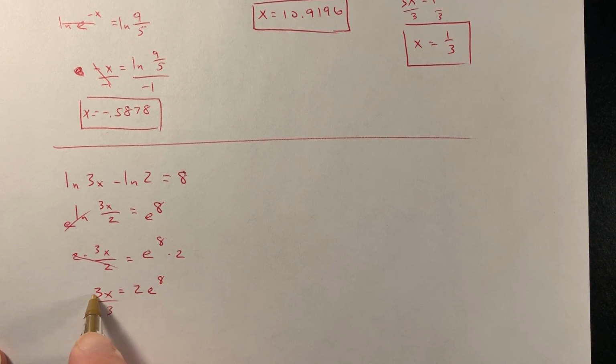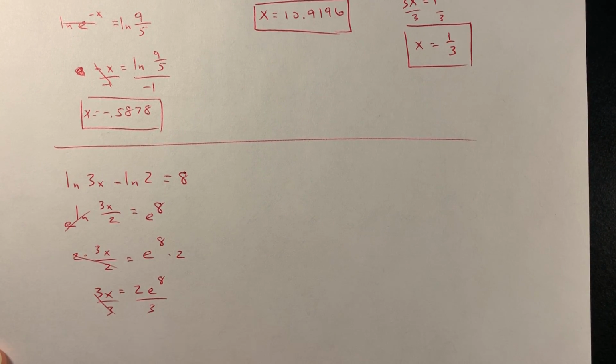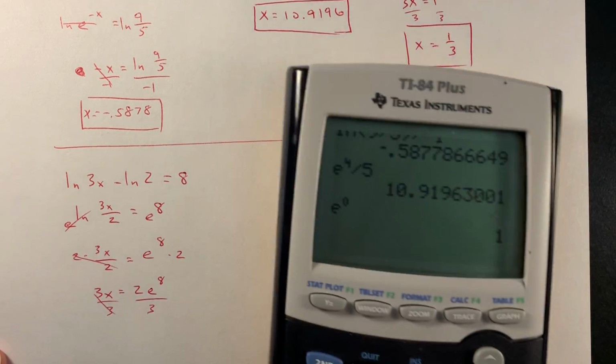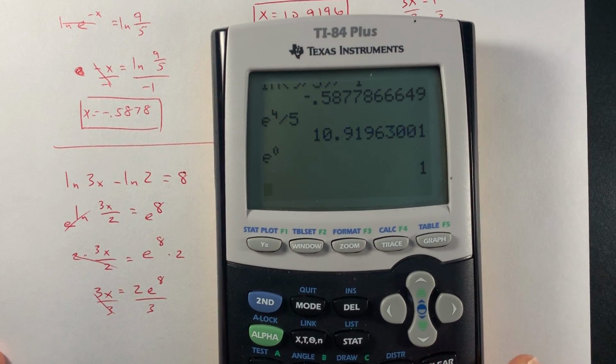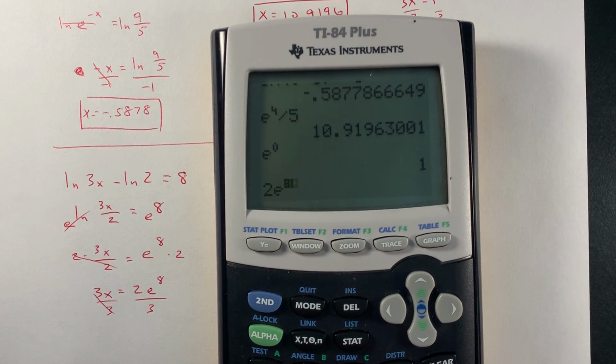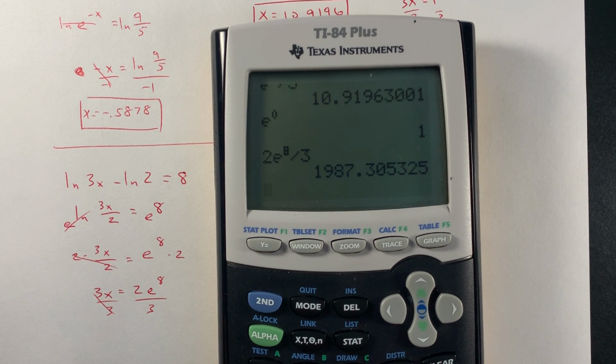And then divide both sides by 3. Okay, so I have 2e to the 8th divided by 3. So x equals 1987.3053.